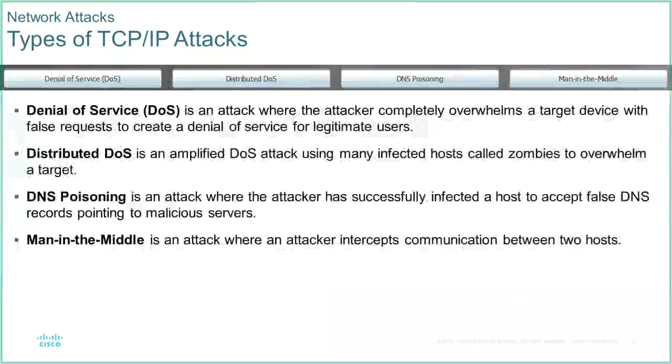Okay, TCP/IP have vulnerabilities within the protocols themselves, because the protocols were created to make the network robust, and because of their inbuilt fault tolerances and things like that, they can be exploited to provide denial of service.